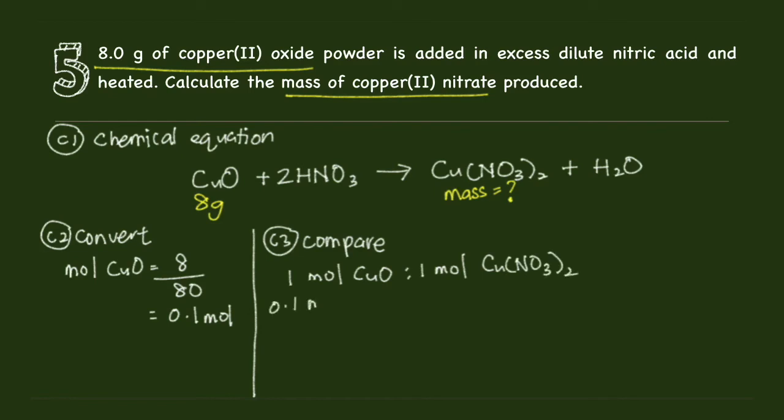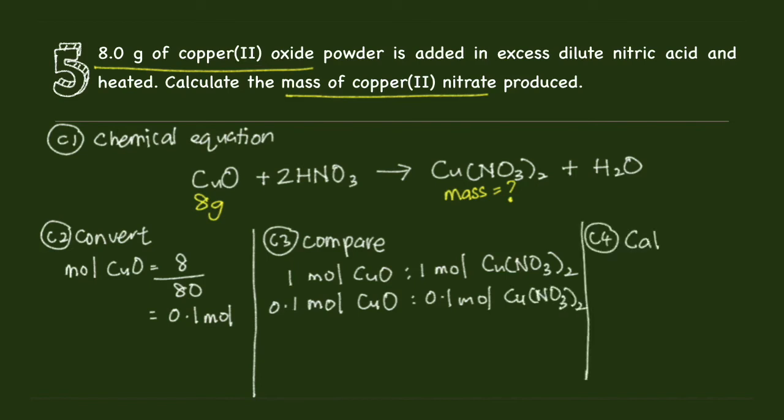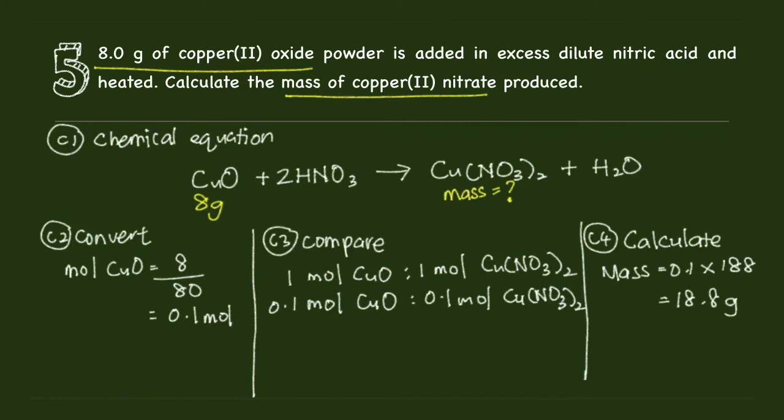Based on calculation, 0.1 mole of CuO ratio to 0.1 mole of Cu(NO3)2. C4 is calculate. Mass of copper nitrate produced is 0.1 times molar mass of copper nitrate, which is 188, equal to 18.8 grams.